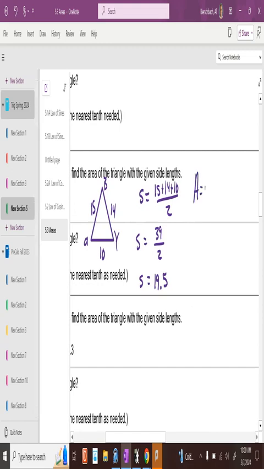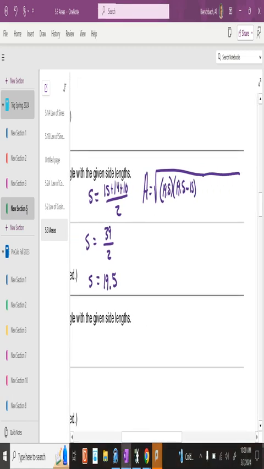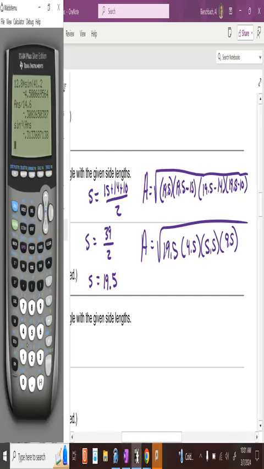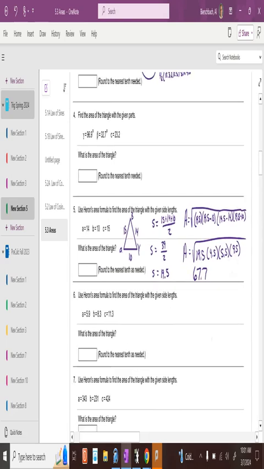So then the area equals the square root of 19.5 times 19.5 minus 15 times 19.5 minus 14 times 19.5 minus 10, or the square root of 19.5 times 4.5 times 5.5 times 9.5. 67.7. Okay, Heron's formula.